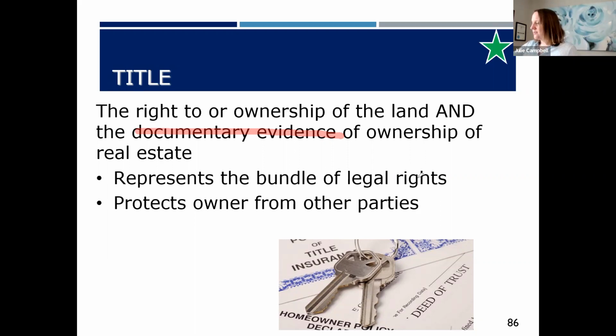I would like you guys to look with me real quick on page 86. Figure 5.1 on 86 gives us some different names. You've got the type of the document they're referring to, and you've got the giver and the receiver.